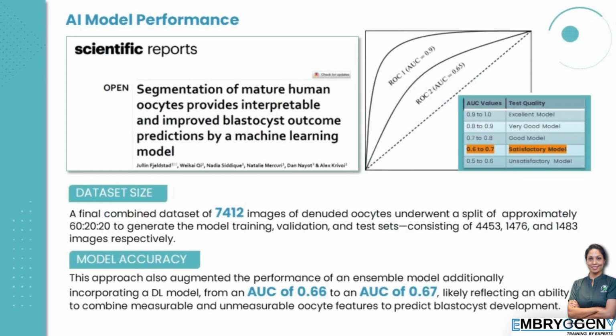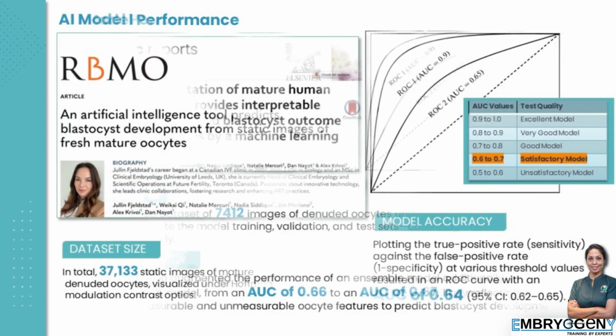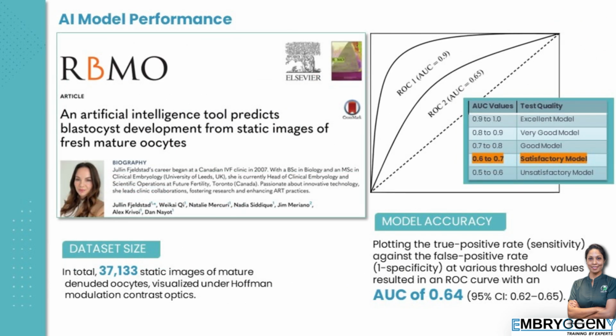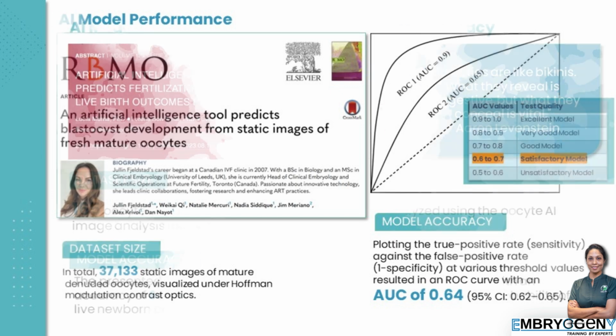So after this revision, let us quickly see how the oocyte assessment models fare today. This study that was performed with 7,412 images mentions the AUC of 0.66, which is just about the satisfactory range. Another study that has tested a model with 37,133 static images mentions an AUC of 0.64, which again is just about the satisfactory range.